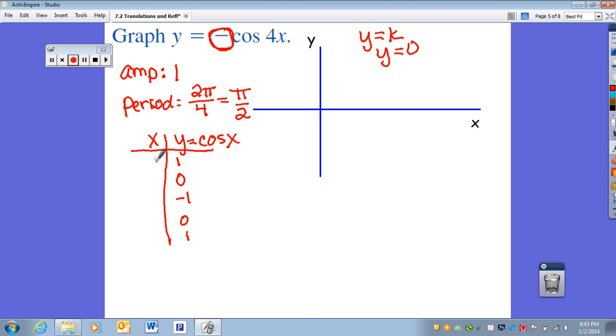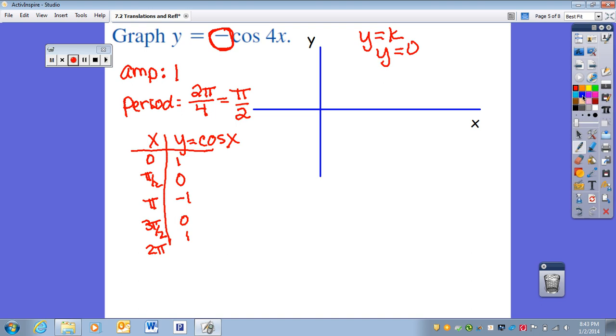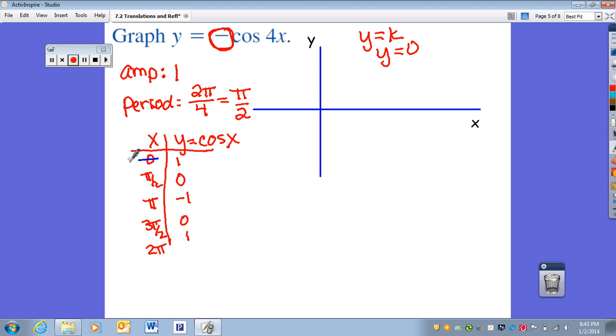Our period regularly is at 0, pi over 2 for our basic function, pi, 3 pi over 2, and 2 pi. However, when we graph this new function, we have changed the length of our period to pi over 2. So we're going to put that as pi over 2, and then we're going to have to divide each of these by 4 in order to find our new points.